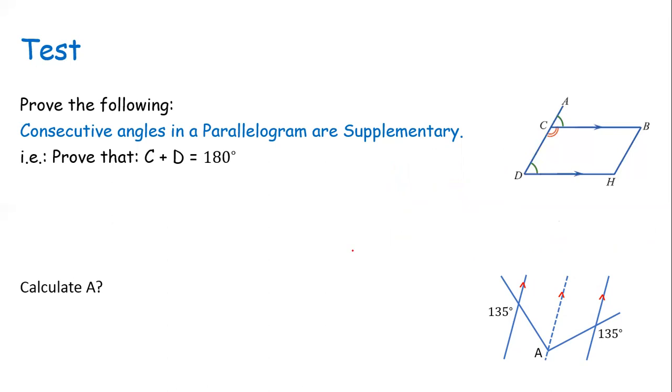Okay, so we have this shape here. We have three parallel lines. These two lines are crossed by this line, and these two parallel lines also are crossed by this line, and we want to calculate A. How do we do that?